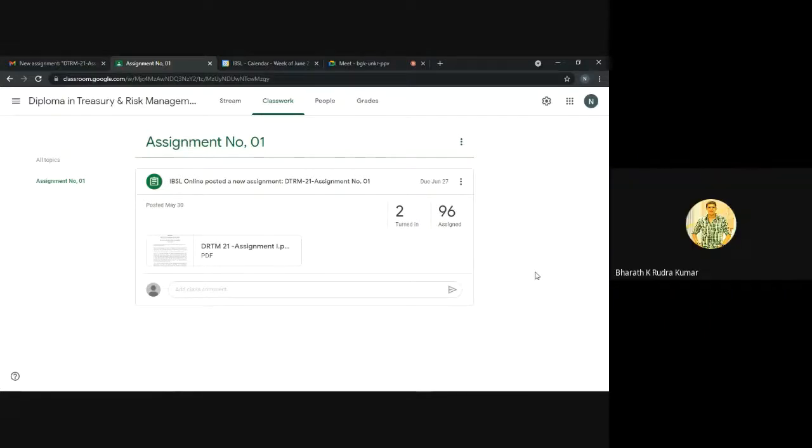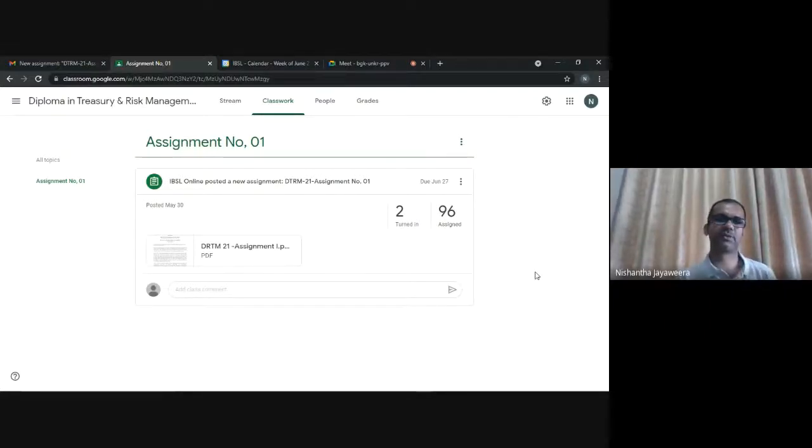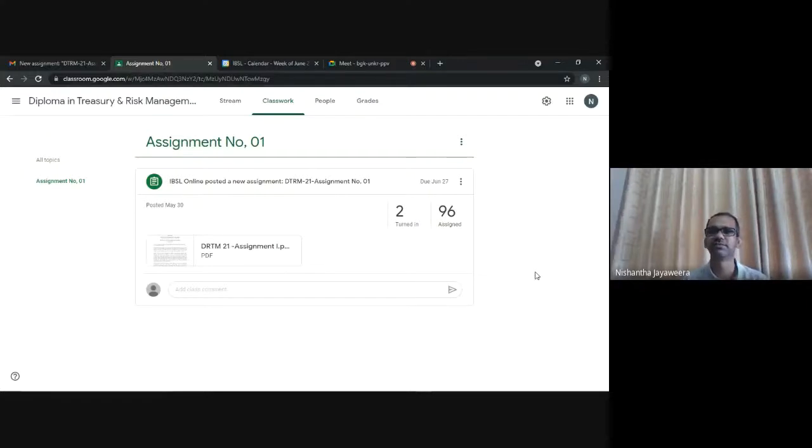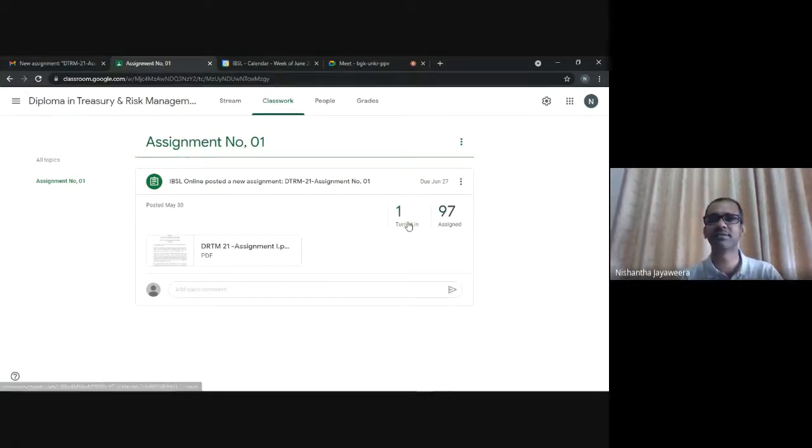If you scan and upload, it won't work. Now it turned into 1, I think someone has already submitted.